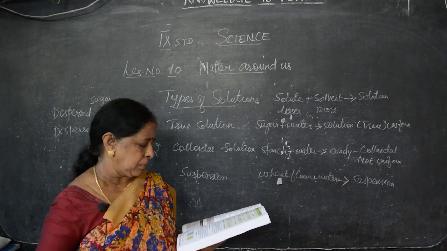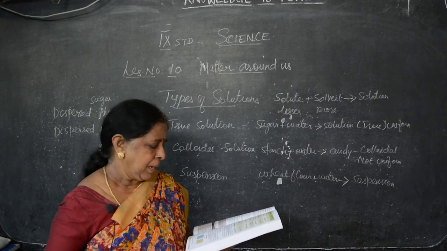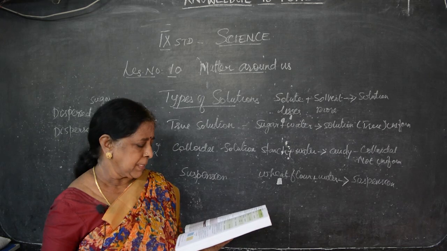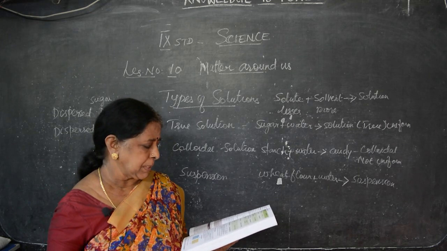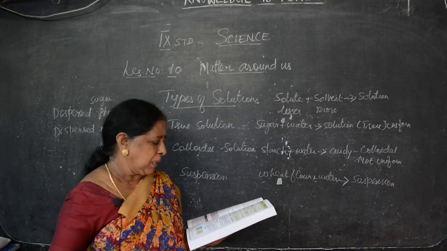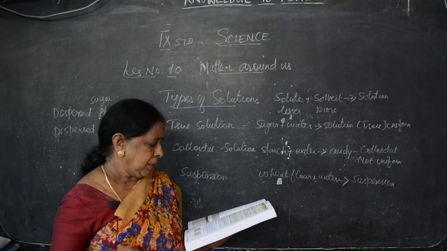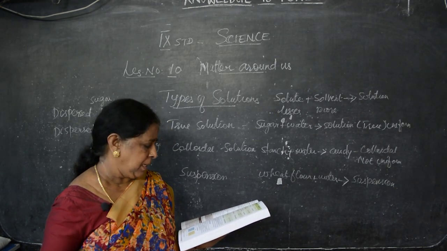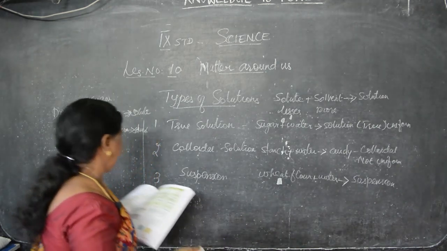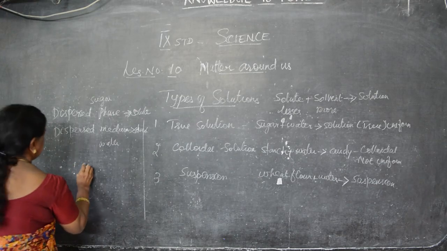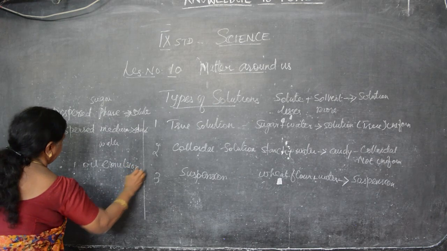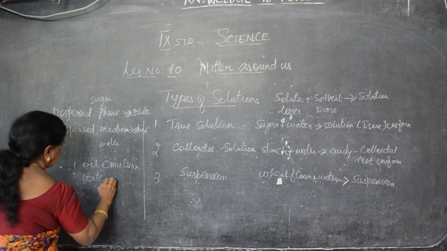The other one is water in oil emulsion, and an example we can say is butter. So there are 2 kinds of emulsion: one is oil in water emulsion, the other one is water in oil emulsion.